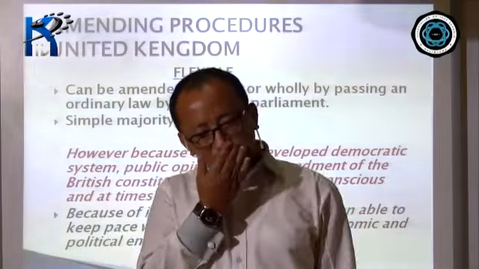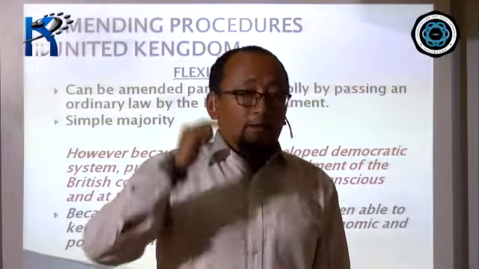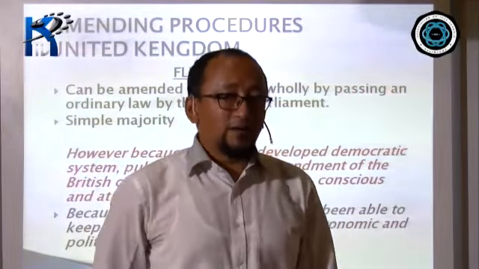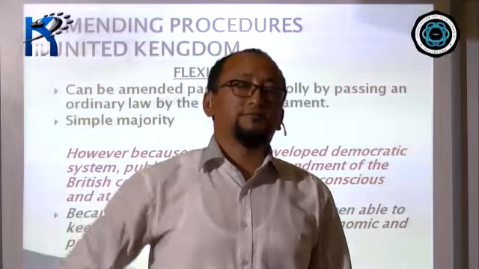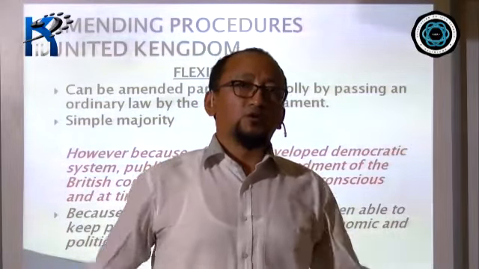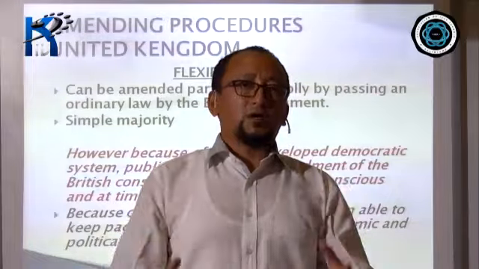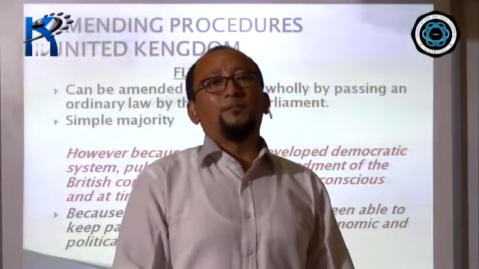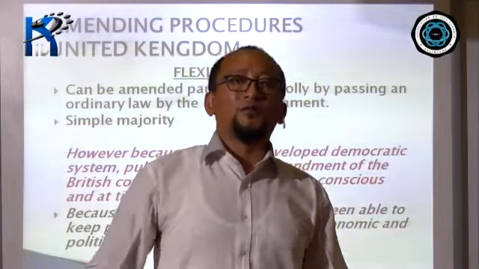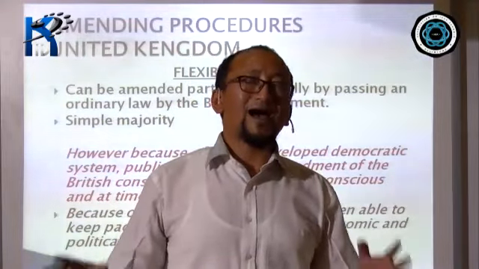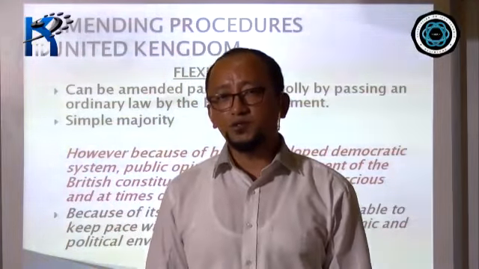I want to start by saying this, see children. UK Constitution can be amended by a simple process. And when you write, you can simply say, UK Constitution can be amended by simple majority of the British Parliament. Okay, I repeat, simple majority of the British Parliament.